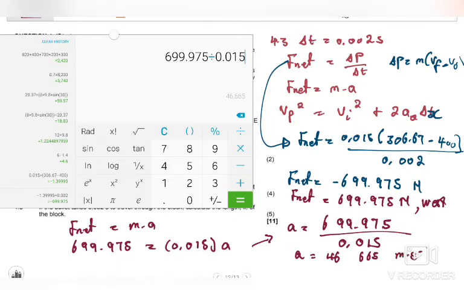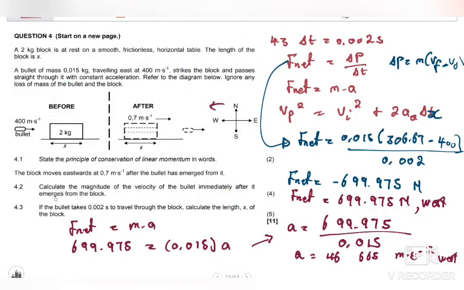And remember that since this was negative, this is also going to go west, because acceleration points in the same direction as the resultant force. Now we have to substitute and find the displacement.